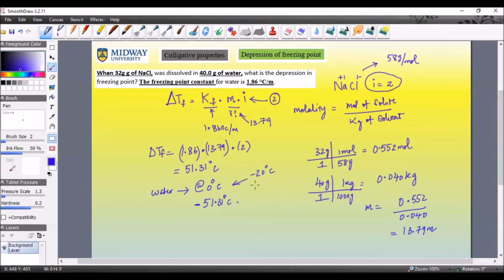So if the current temperature on the highway is, say, minus 20 degrees Celsius, that means until the road temperature drops to minus 51, the road would stay clean, okay? So essentially, you've gone past the maximum temperature achieved by the table salt. This is the actual answer, okay? But I'm trying to help you understand conceptually what this 51.31 really means.